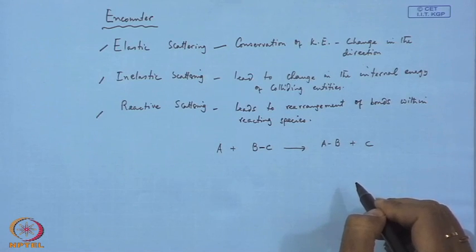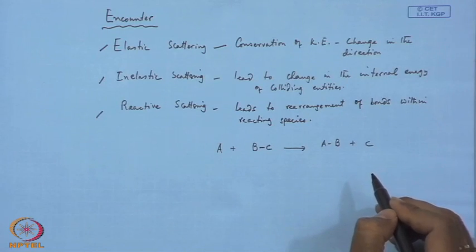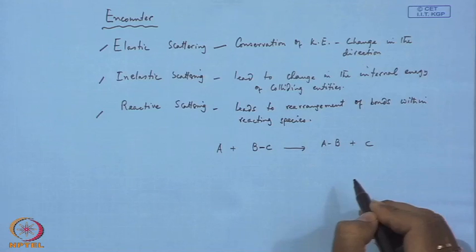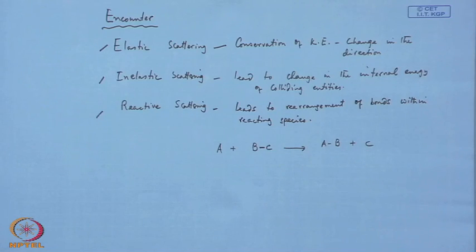Okay. So, this scattering has led to effective chemical reaction. Okay. So, these are the types of encounter that we have to consider. Okay. So, what we have told so far.